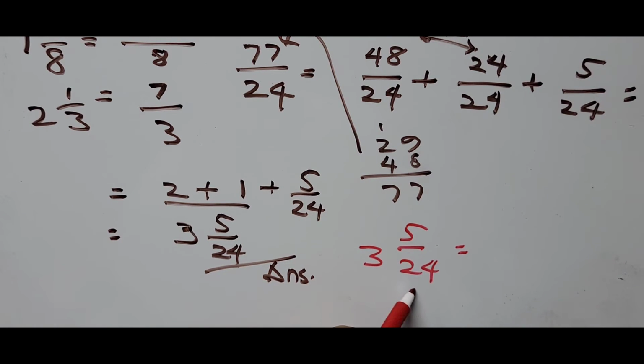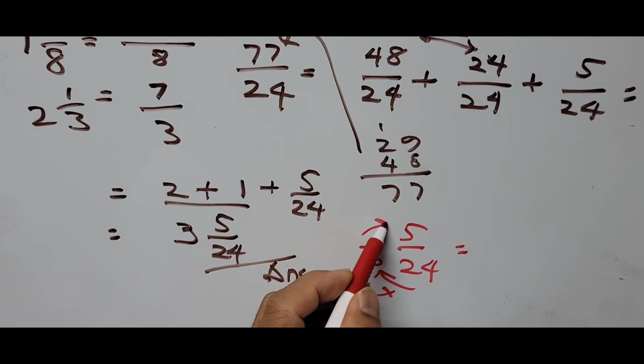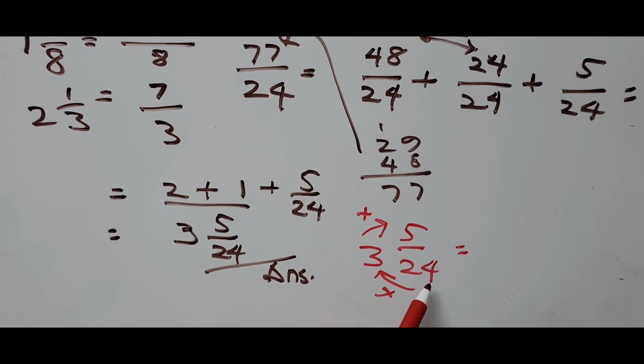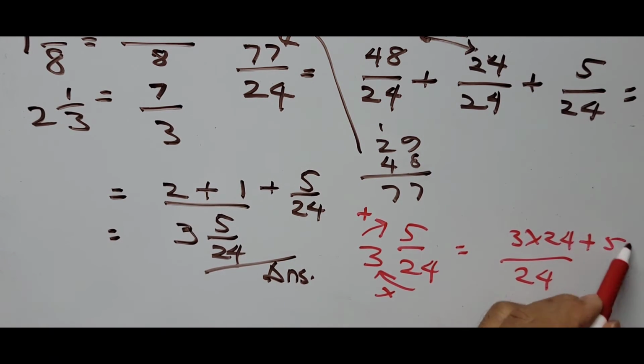So go ahead and multiply this and add that to that. 24 times 3. So let's say 24 on the bottom. 24 times 3 is 72. Right? That's okay. 3 times 24 plus 5.